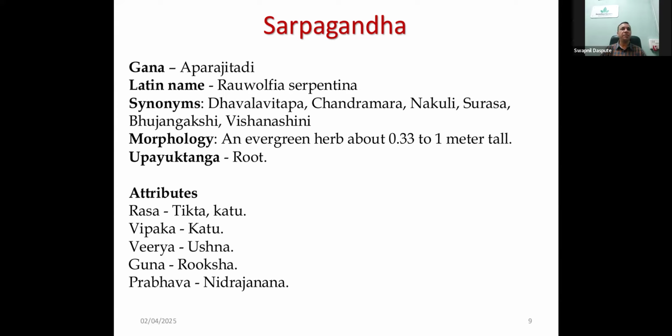Gana is Aparajitadi Gana. Aparajita is one herb, and Sarpagandha is found in that particular group of herbs. Latin name Rauwolfia serpentina. Again, you will see serpentina as the word, so serpent, which is again snake.